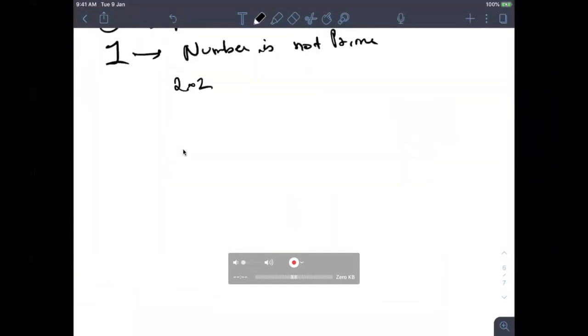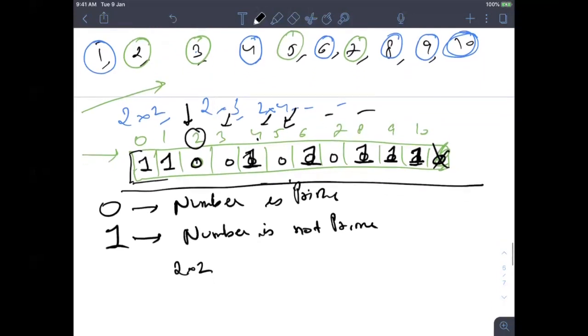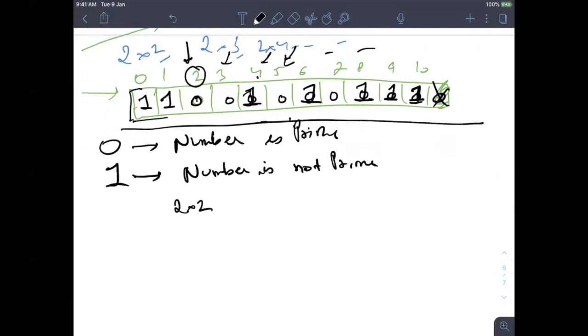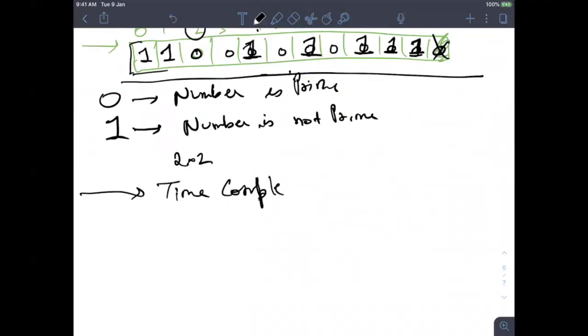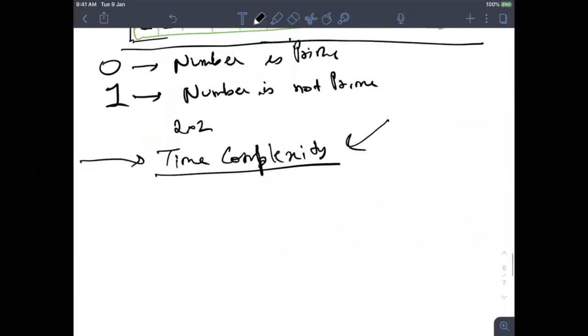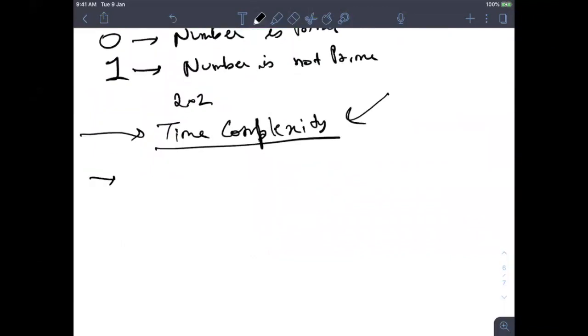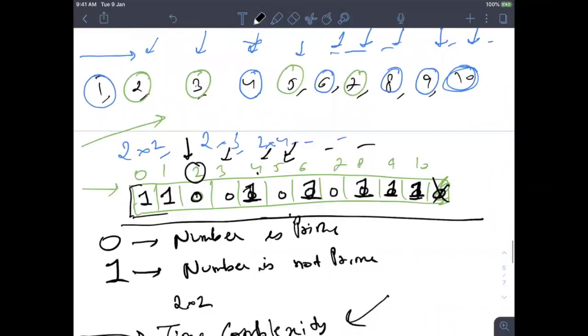Yes, sir. Okay. Now the second most important part for every code is the time complexity. Why we did so much hard work to find the prime numbers, we'll get to know right over here. It is a little complex because of math, but not that complex. So I'll just go through it again.